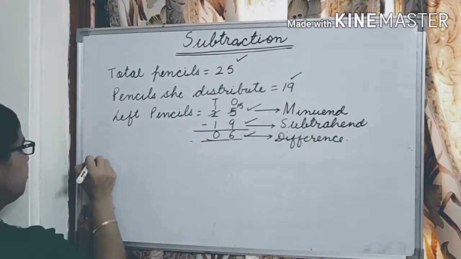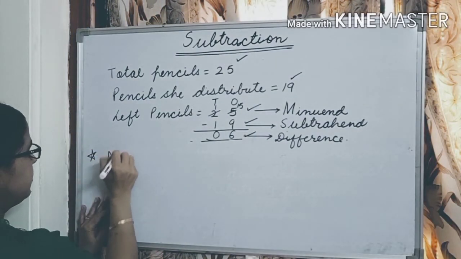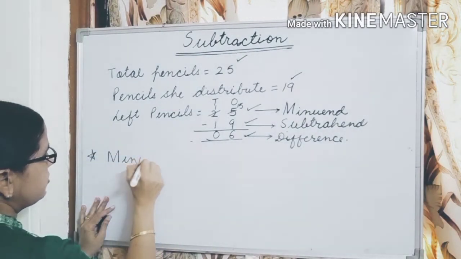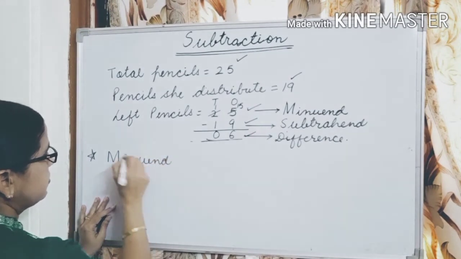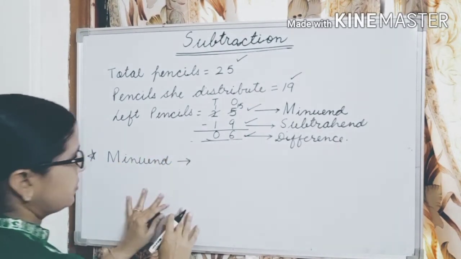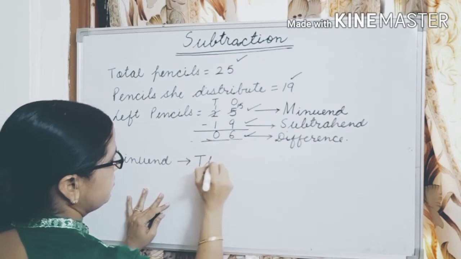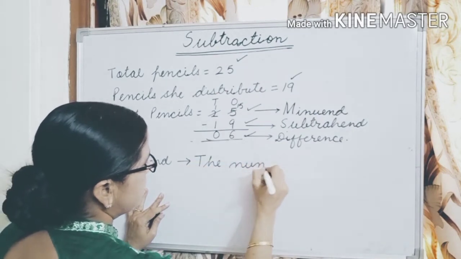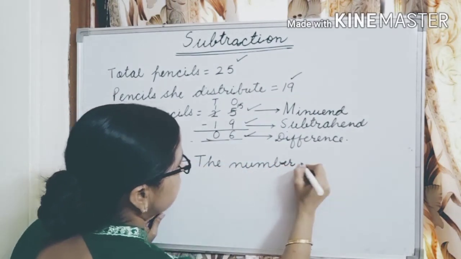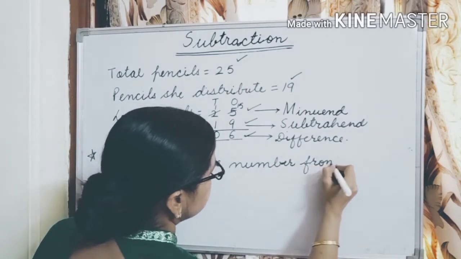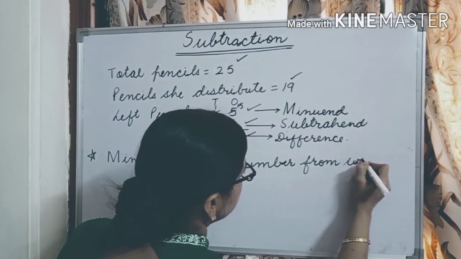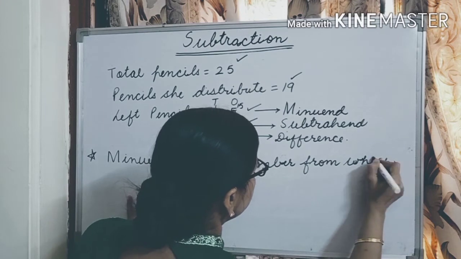Now, I am going to write you the definition. The minuend is the number from which we subtract.